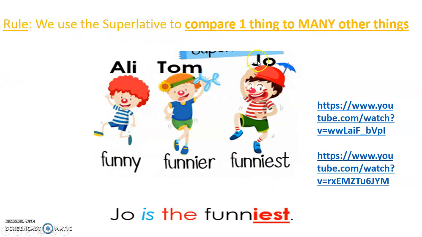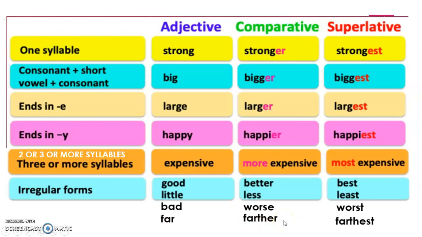So for example, we have Joe. Joe is the funniest. Joe is the funniest boy out of all them 3. Okay? So Ali is funny. That's okay. Tom is funnier than Ali. Alright. But Joe is the funniest boy. Joe is the funniest.